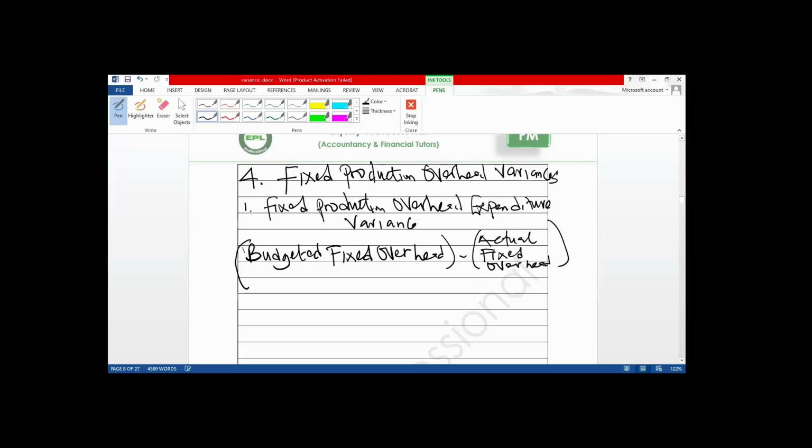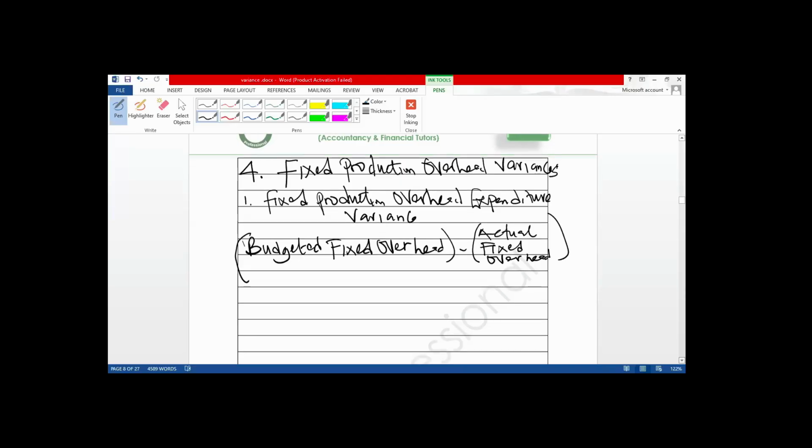Your budgeted fixed overhead cost, minus it from your actual fixed overhead cost incurred. That will give you fixed overhead expenditure.